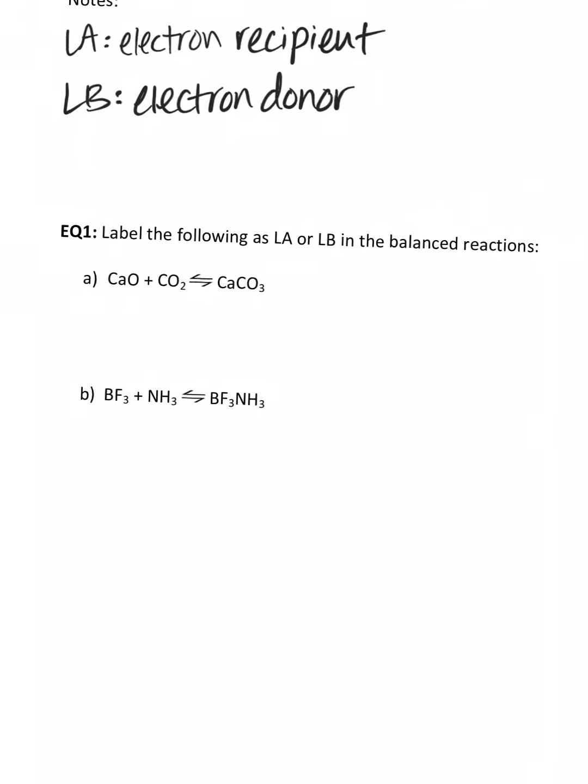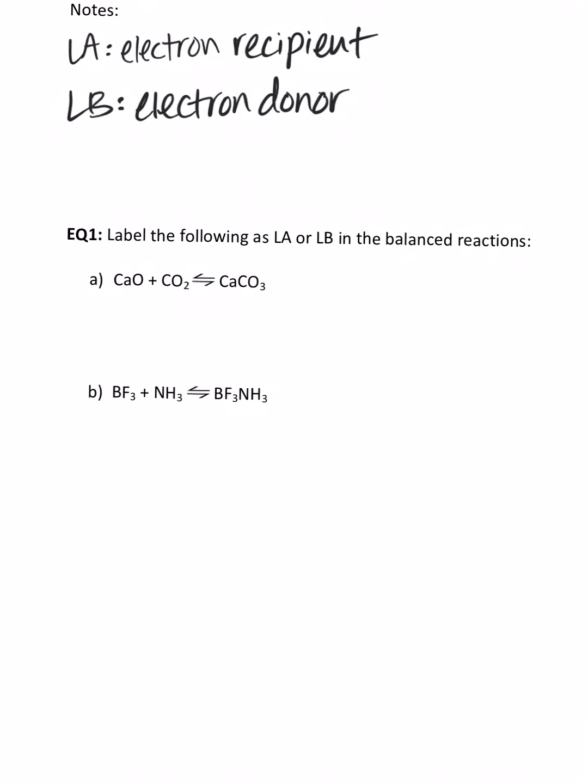I think the best way to do this is looking at the Lewis structures, because it really shows you where the electrons are going. For A, I have calcium ion next to oxide ion, and that is reacting with carbon dioxide.